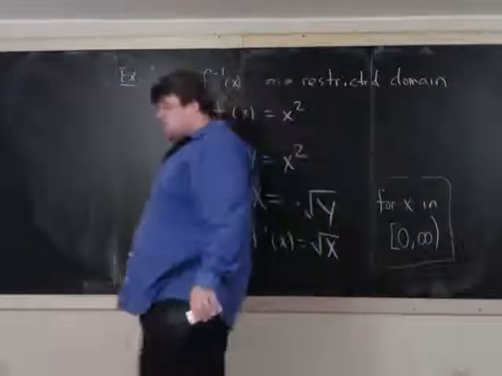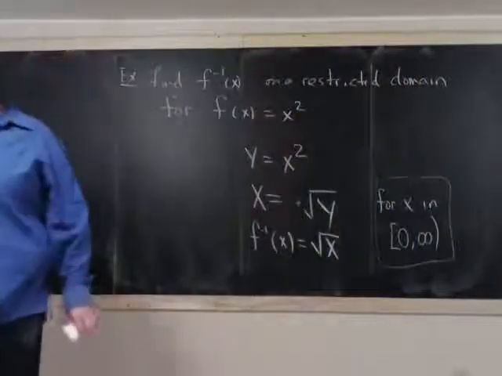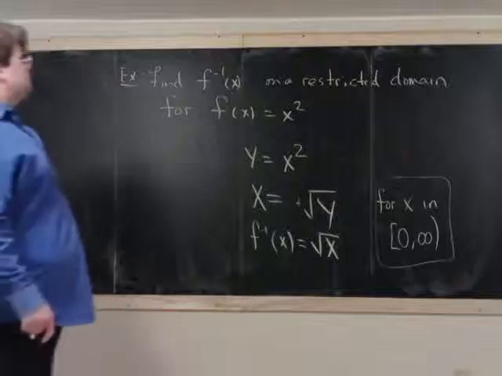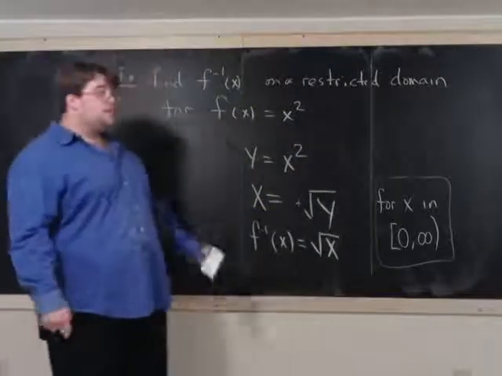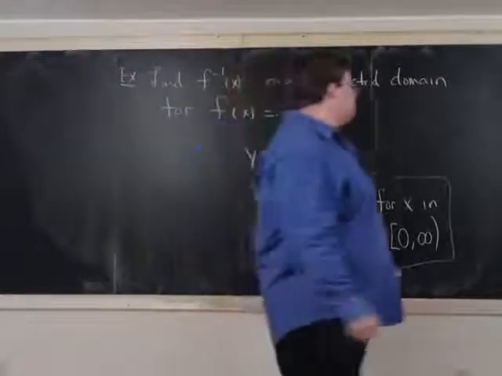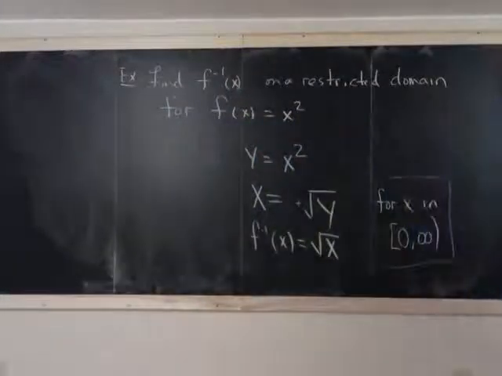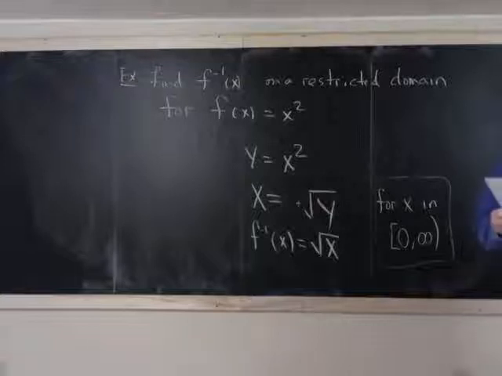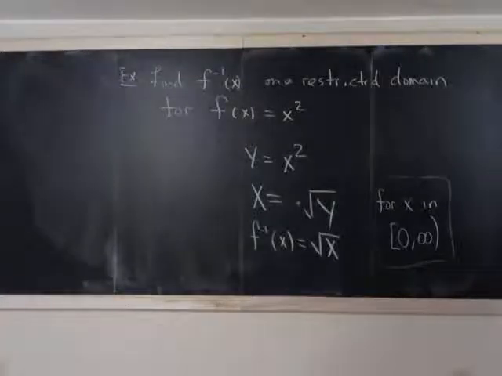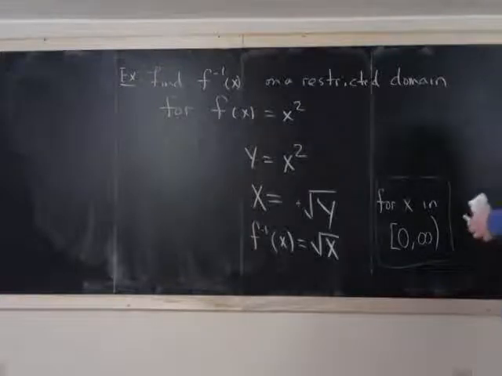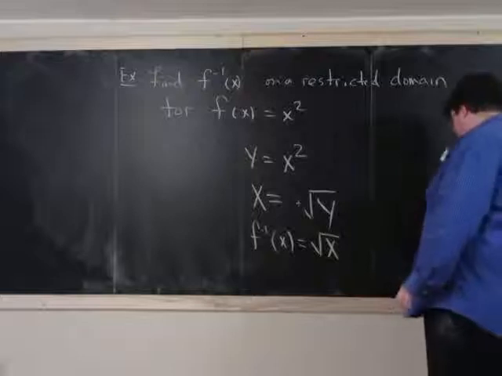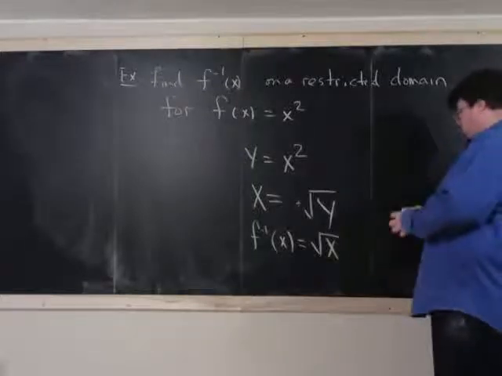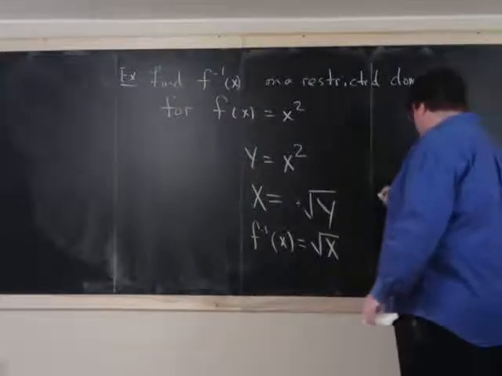Now, it is useful to have a graphical reason for a domain restriction to exist. I'm going to rewrite this for x in that interval. In my notes, I wrote it a little nicer.